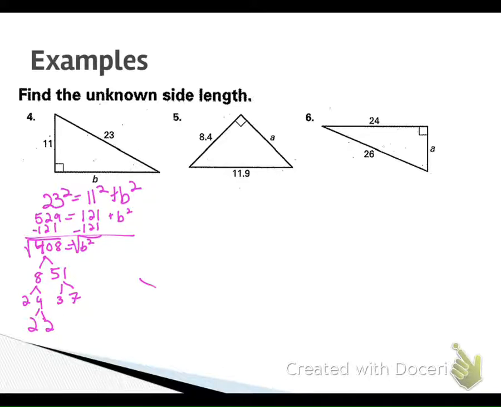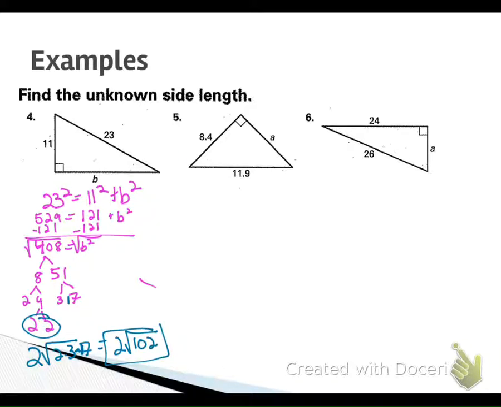Okay, ones that have buddies: yep, the 2s. So the 2 comes out. What doesn't have buddies get multiplied together. So that's going to be 2 times 3 times 17. What's 2 times 3 times 17? 102. So 2 square root of 102.